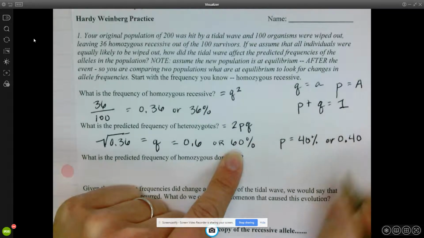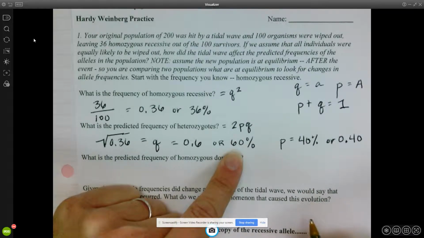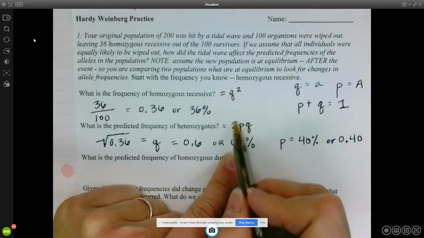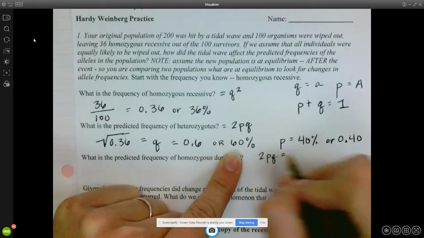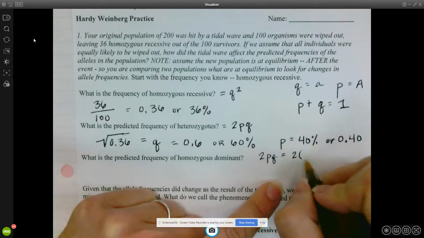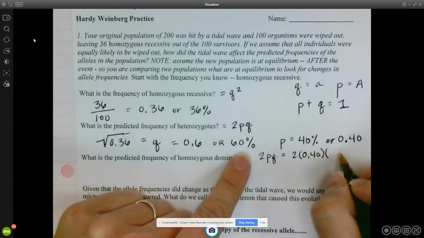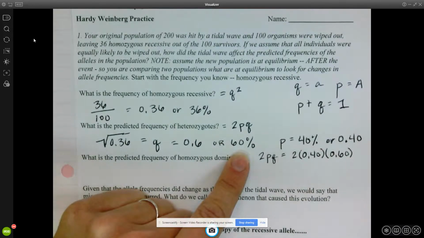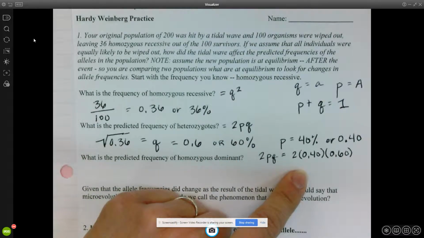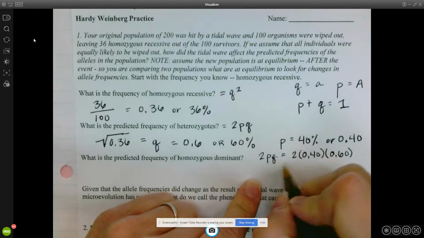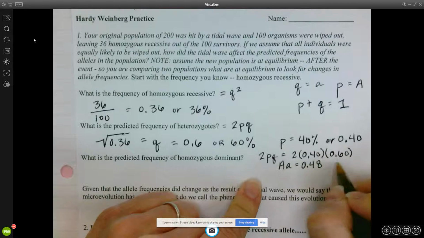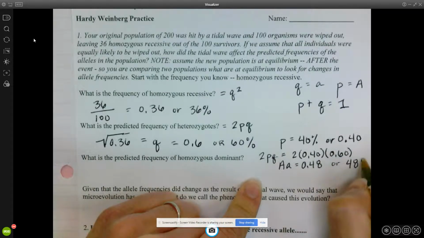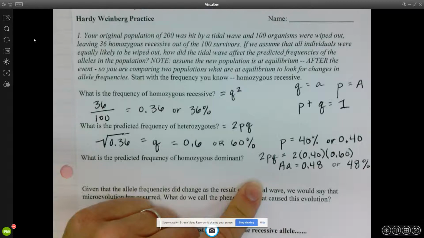My pen is acting up. Are we done? No, we're not, because we still need to look at the 2pq. So 2pq equals 2 times our p. I'm going to do decimals because it's easier for me. Now I need to put this in my handy dandy calculator. And we get the heterozygotes equal 0.48 or 48%, right?